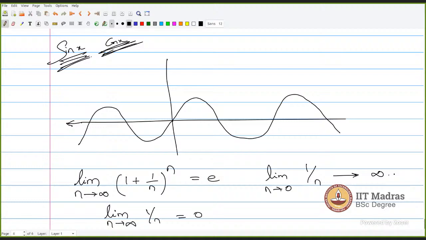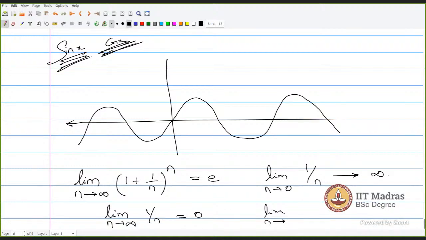Okay, so these are okay. Just remember some 4 to 5 limit values, and one well-known limit value is 1 by... Log is not there.